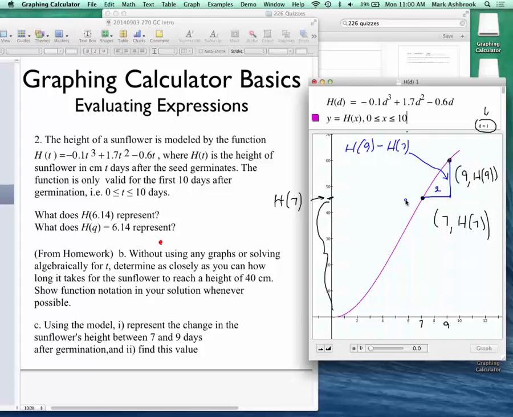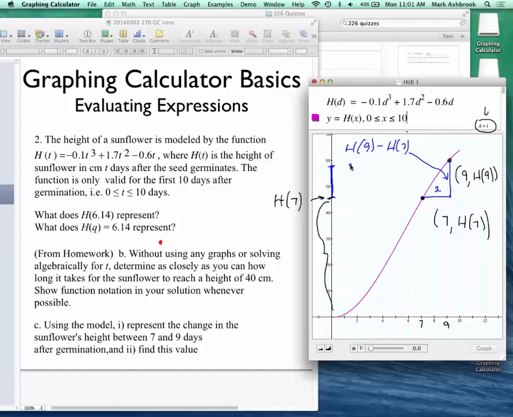Any questions on that? We could also just shift that over here, and I could show that change as, say, a highlighted bar over here, where the top of it here is H of 9, and that's H of 7. That would also be the H of 9 minus H of 7, the change in height as the sunflower grew from 7 to 9. That grew over day 7 to day 9.